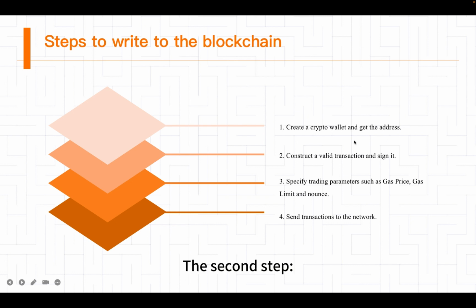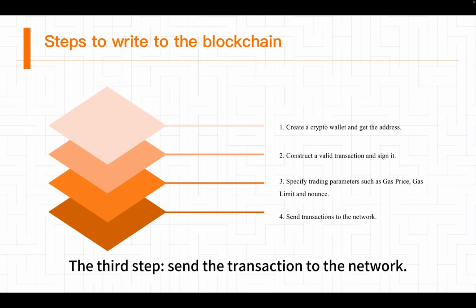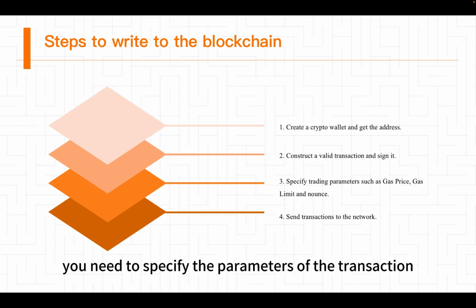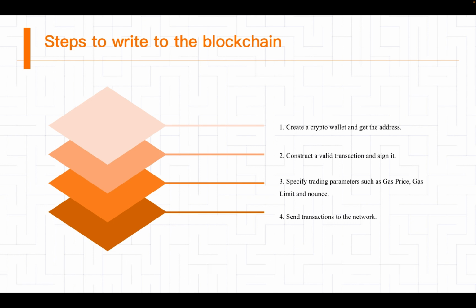The second step, construct a valid transaction and sign it. For smart contract transactions, the transaction data should follow the required specifications. The third step, send the transaction to the network. At this point, you need to specify the parameters of the transaction, such as gas price, gas limit, and nonce.